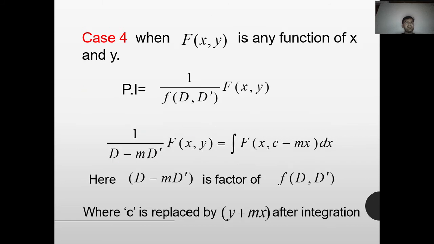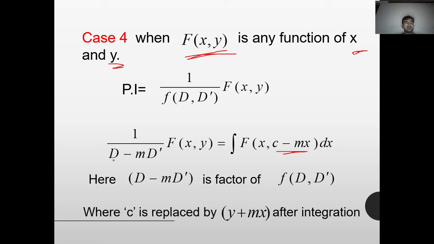Fourth case, if f of x, y is any function of x, y, then 1 upon D minus m D dash into f of x, y is equal to the integration of f of x comma y, where we substitute the value y is equal to c minus mx, into dx.